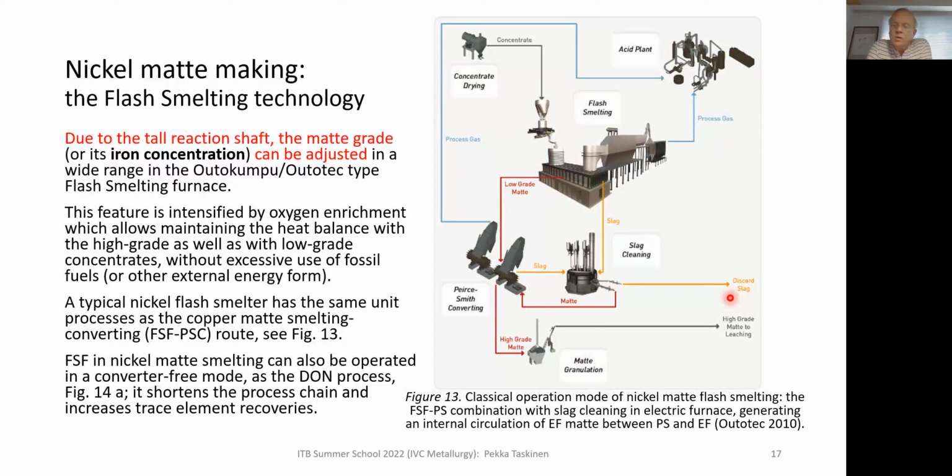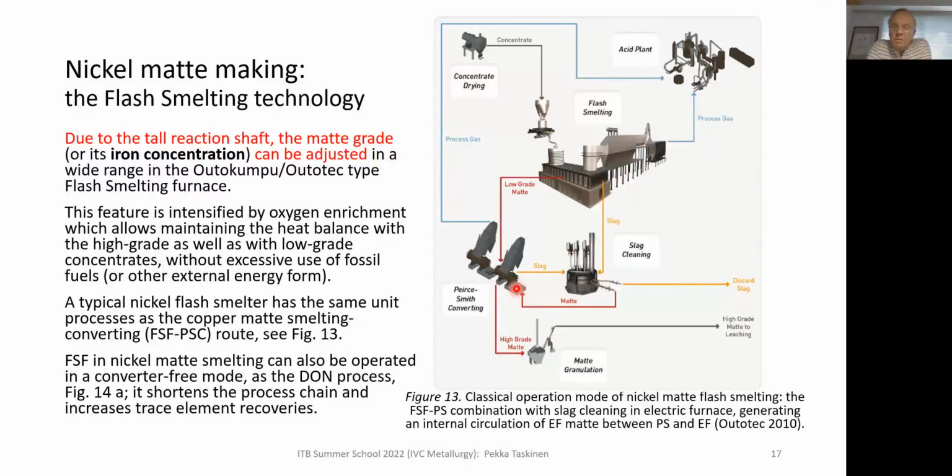It is not banned by authorities because it contains much less impurities than copper slags. And the second product of slag cleaning is electric furnace matte, which is fed back into the converting step.